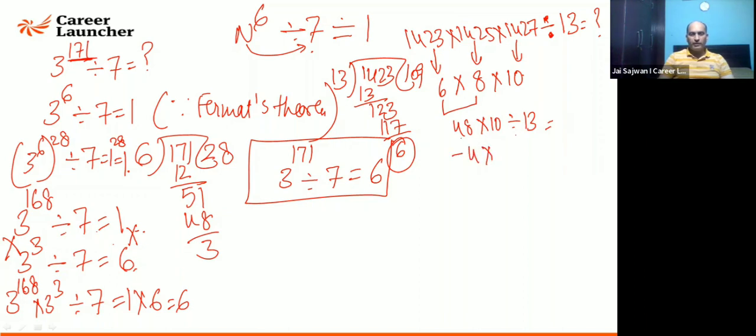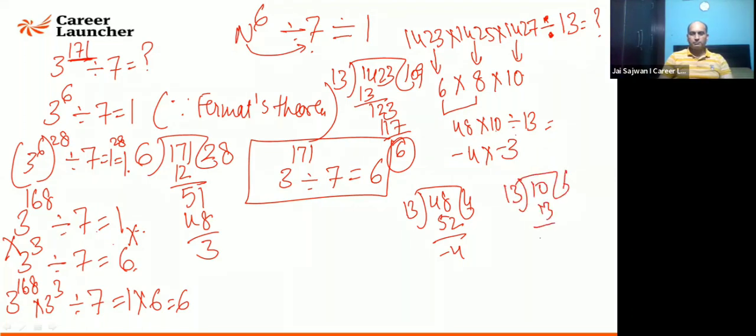This is minus 4 remainder. Let me tell you, 13 4s are 52, remainder is minus 4. And 10 divided by 13, I can write remainder as minus 3. Why? I know 2 negative values multiplied give you a positive. So plus 12 divided by 13, remainder is 12. The answer will be 12.